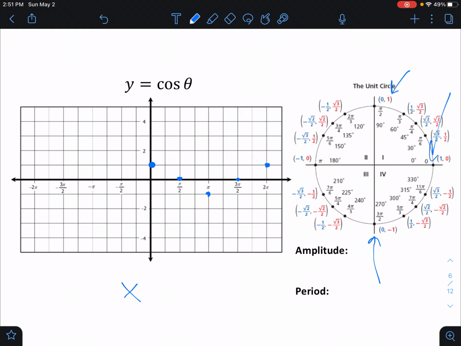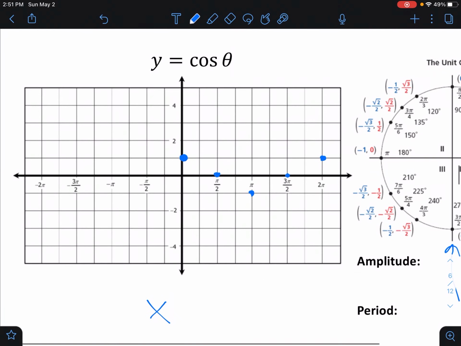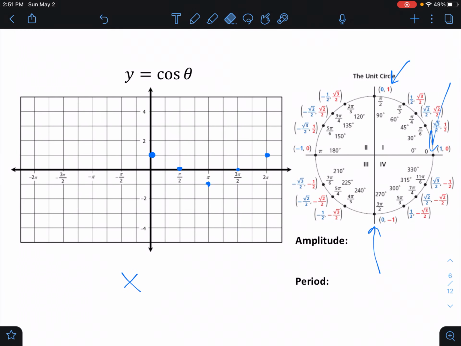Okay, now you can see that's one cycle there, and then I would begin to repeat. But if I go back the other way, this is going to do the same thing, right? If I go this way around, I'm going to start at negative pi over 2. That's going to give me 0.